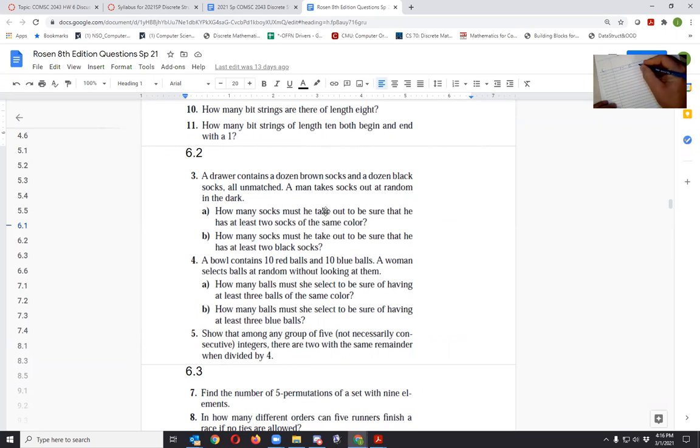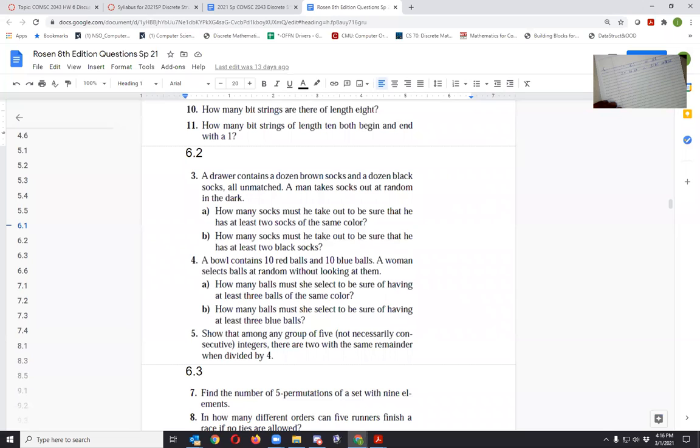Maybe it's black, or brown. Definitely can't have 2 there. So what if we draw 2? Well, maybe you have black, black, or black, brown, or brown, brown, right? There's a possibility that you've got 2, but you've also got a possibility of just getting 1.